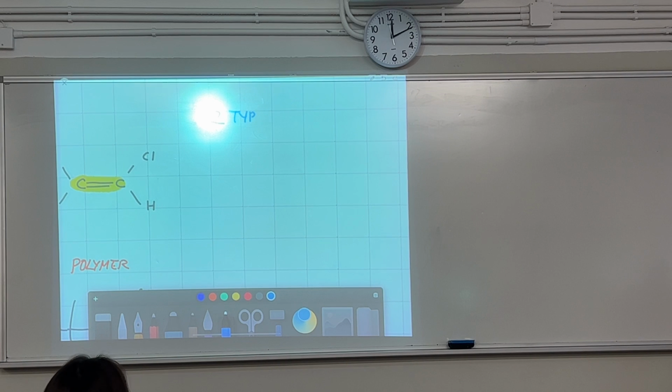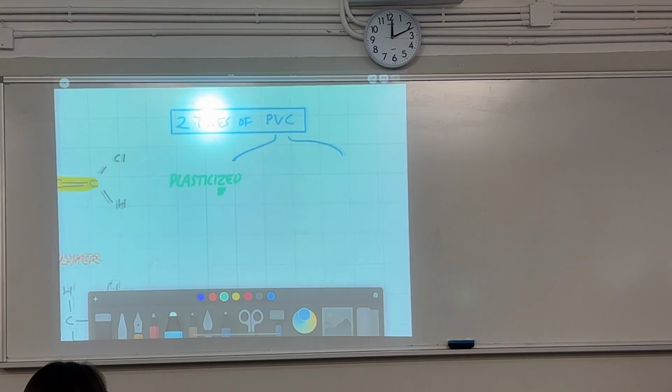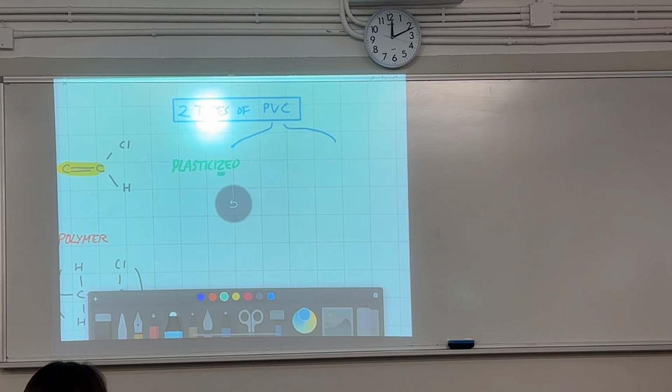One is known as the plasticized type. The other is the unplasticized. You can spell this with an S, it doesn't matter. I like to spell this with a C in this position. So plasticized PVC and unplasticized PVC.